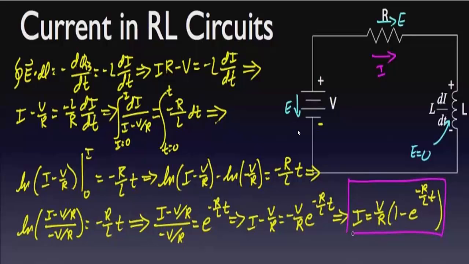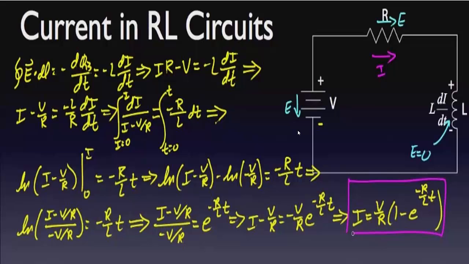Moving on, (I minus V over R) over (negative V over R) is equal to e to the negative R over L t. So you just raise both sides to e in order to solve for I. After that, I minus V over R is equal to negative V over R times e to the negative R over L t, and you finally simplify it to I equals V over R times 1 minus e to the negative R over L t.